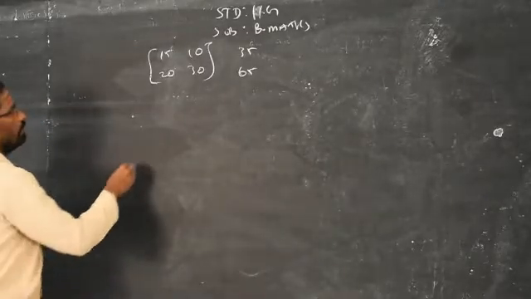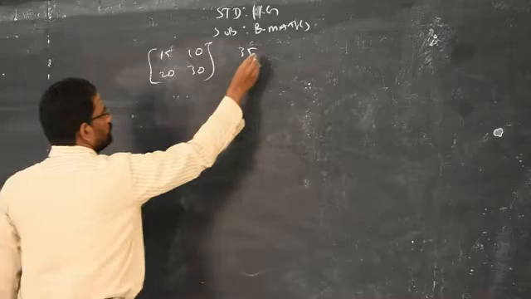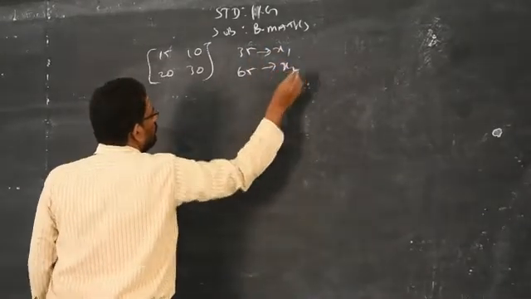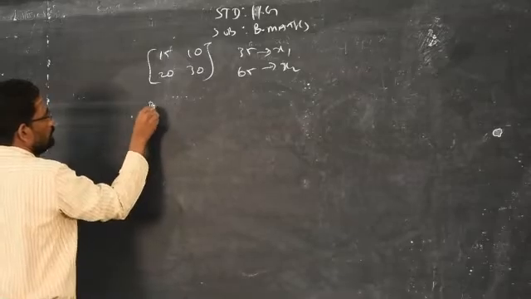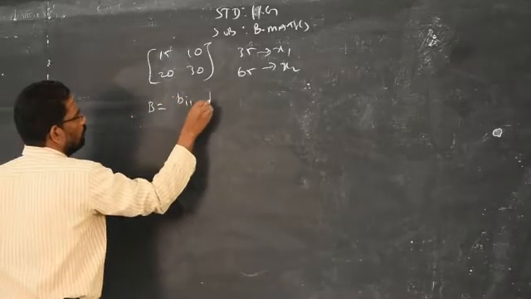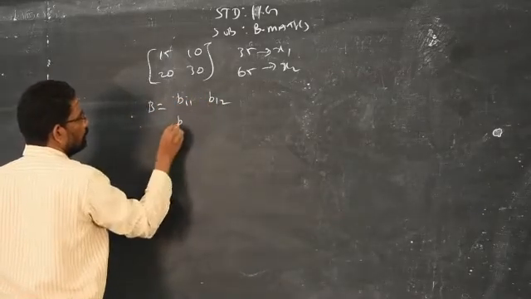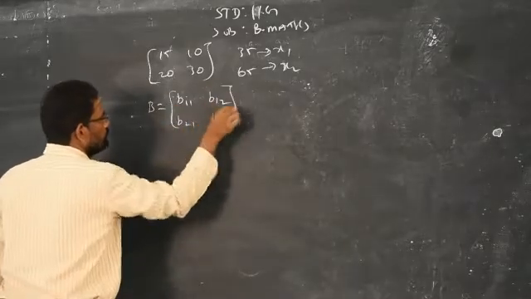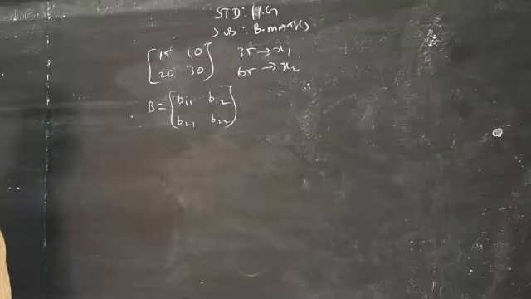Now you have to form the technology matrix. You know that output only considers x1 and x2. So technology matrix B is equal to B11, B12, B21 and B22. This is the formula to find the technology matrix B.